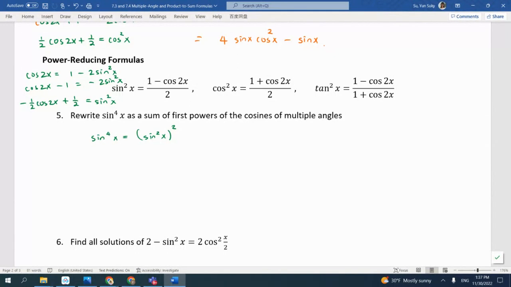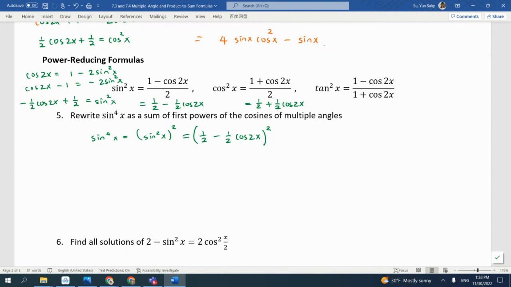Sine squared is, I like to use the 1/2 minus 1/2 cosine 2x. It's easier to separate them. So 1 over 2 minus cosine 2x over 2.